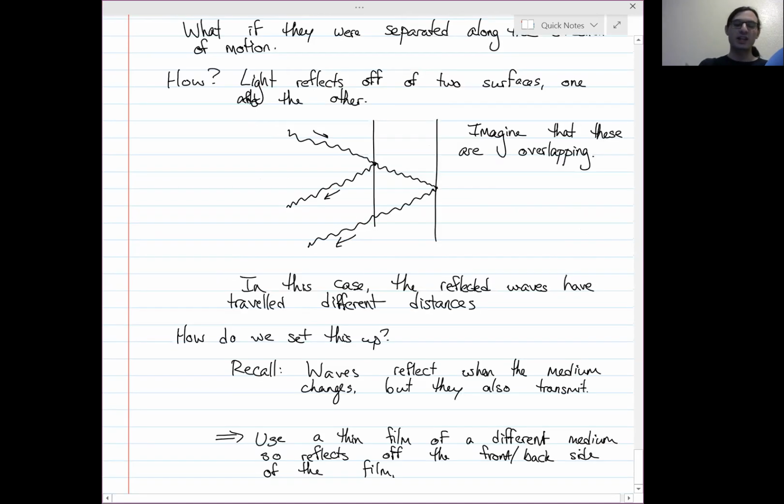So imagine that we had like air here, and then we had like glass here, and then we had air on the other side. Because the medium is changing, there are 2 different interfaces. You'll have reflections from both of those interface changes, and then we can get interference between the reflected light from the 2 different interfaces. That's just an example, and we'll do more examples like this.